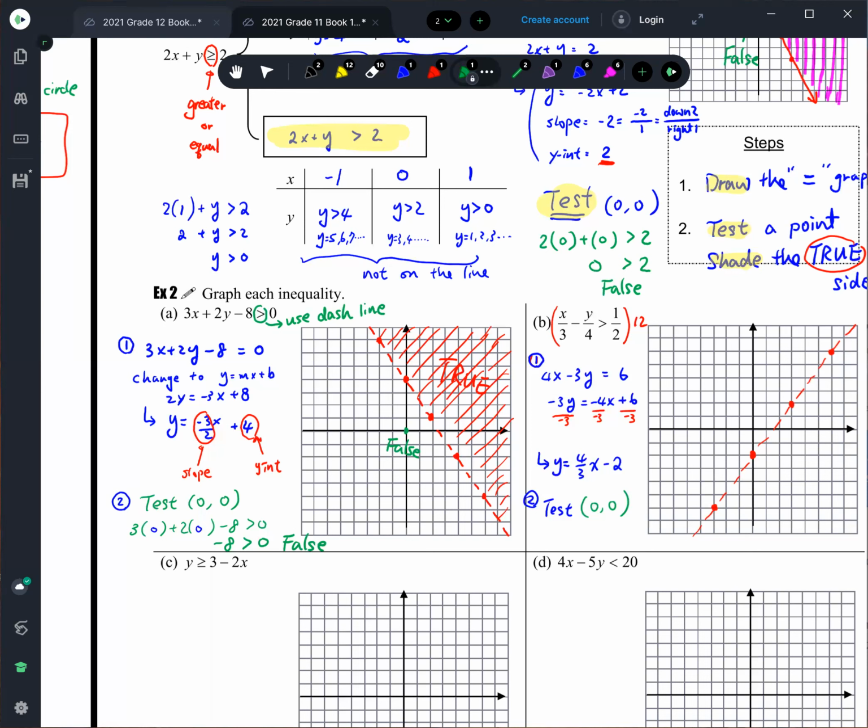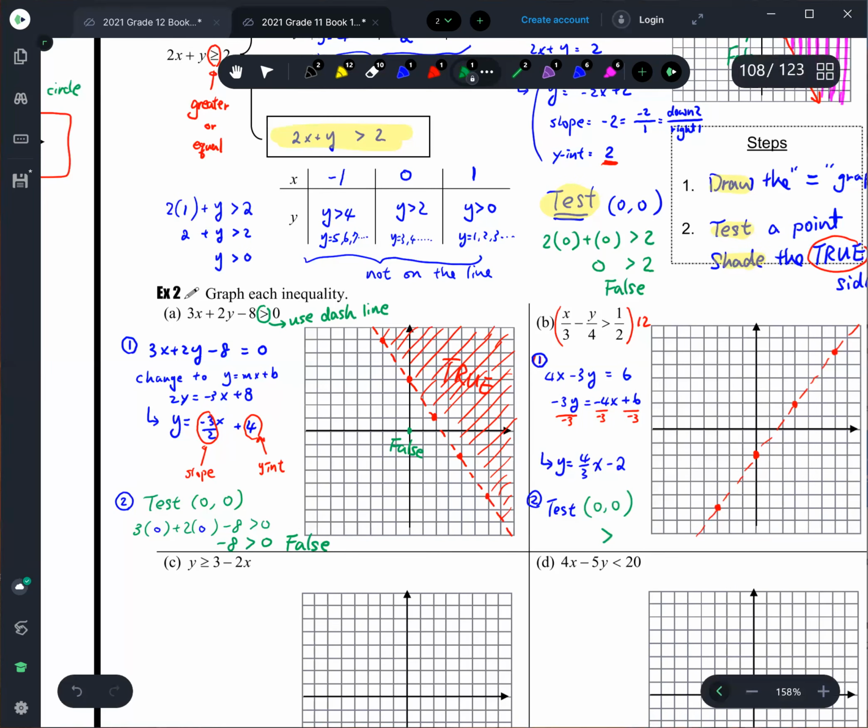Okay, Kat, when you plug in 0, 0, true or false? False, because what do you get when you plug in 0, 0? On the left side, you get 0. 1/2 is on the right side.